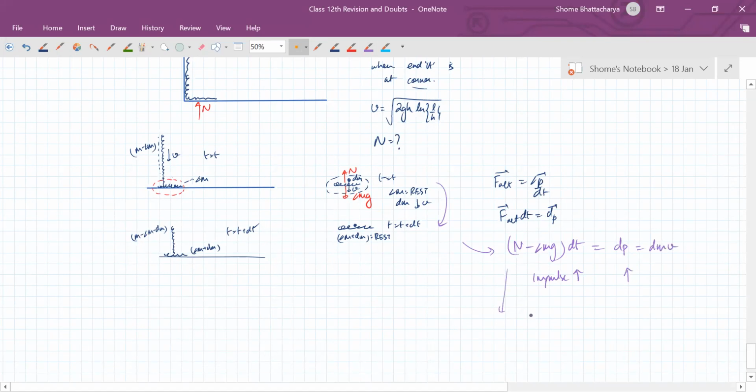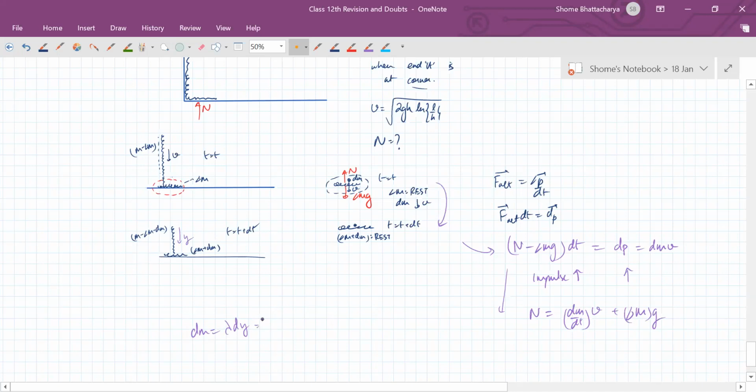So that's how we understand that this N will become dm by dt into v plus the weight of the portion which is on the ground. And further, dm is lambda into dy, let's say, where this is the y coordinate.